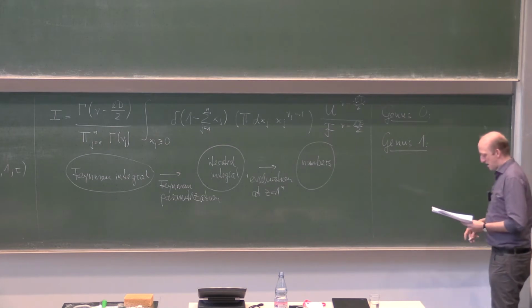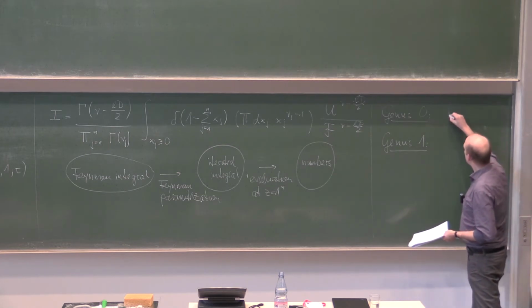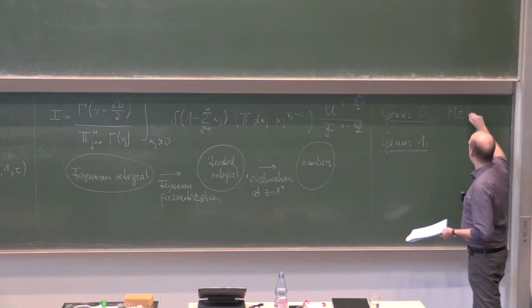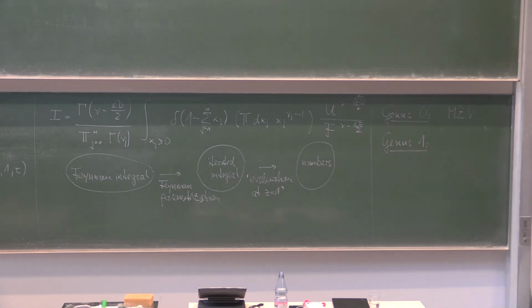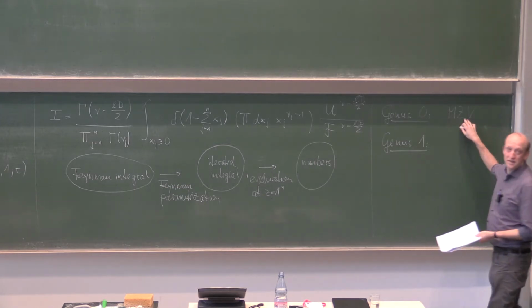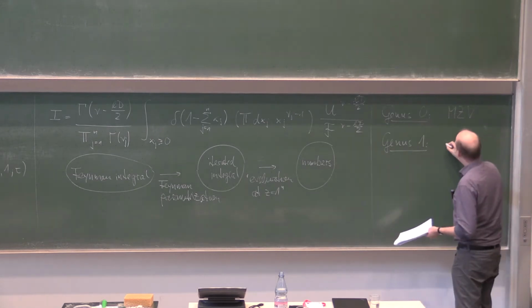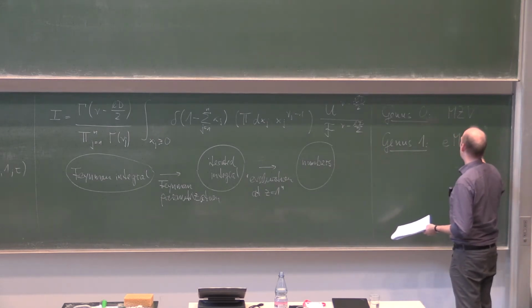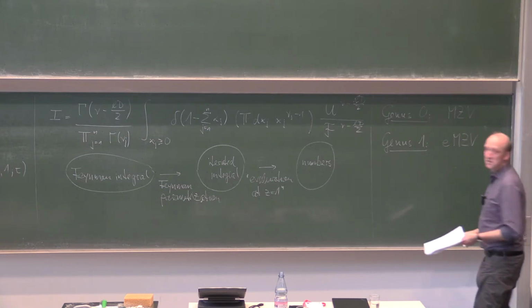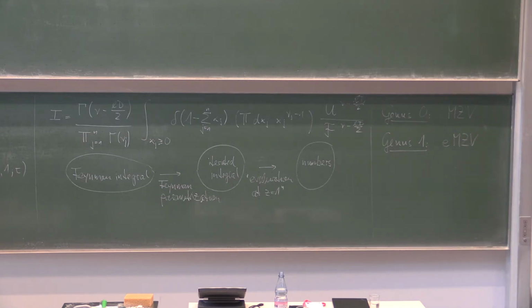And we'll see that at genus 0, the class of iterated integrals I will consider will lead to multiple zeta values, and I will always write MZV for short. And once we are at genus 1, we are talking about EMZVs, elliptic multiple zeta values.